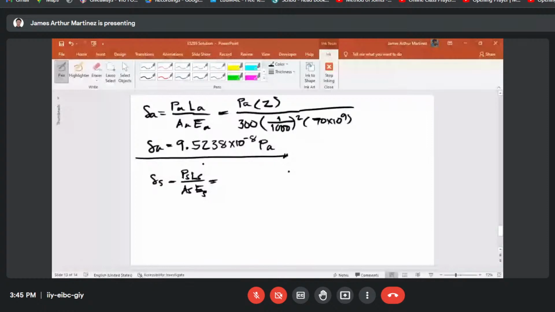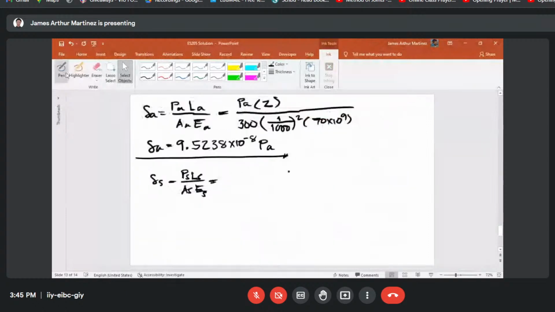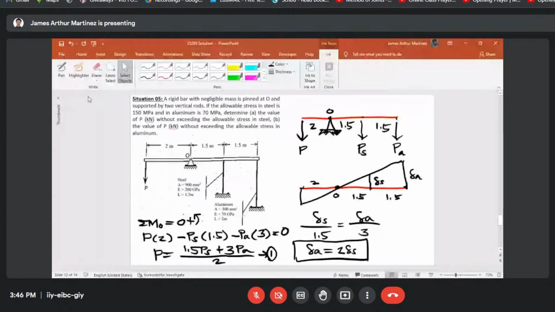The length of your steel, or original length of steel, is 1.5 meters. 1.5 meters over the cross-sectional area of steel, 900 millimeters squared.